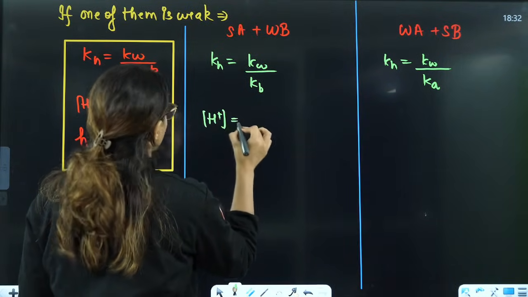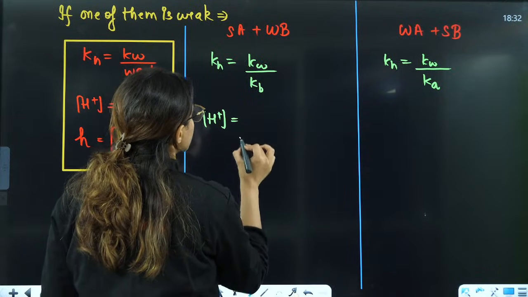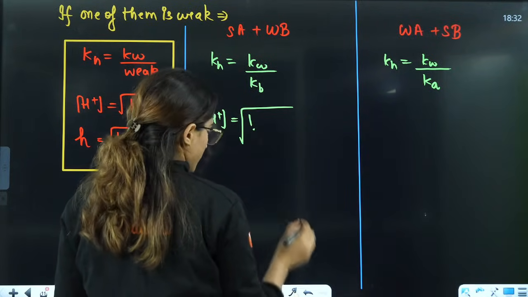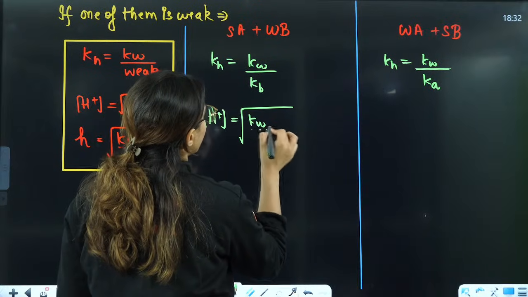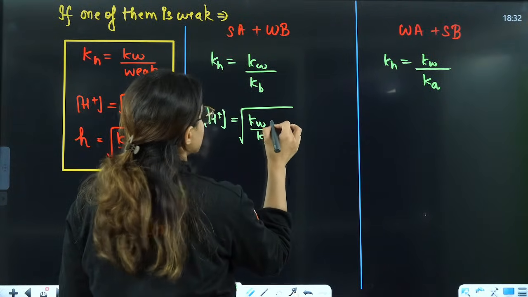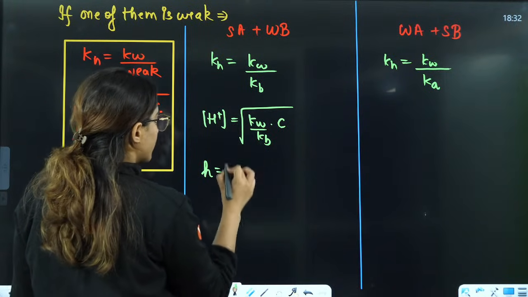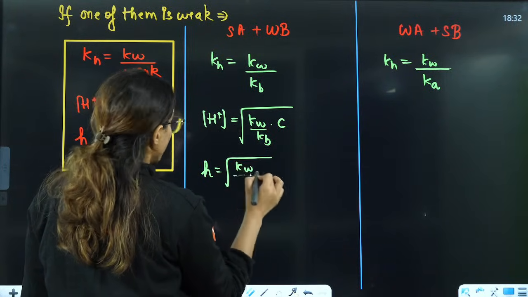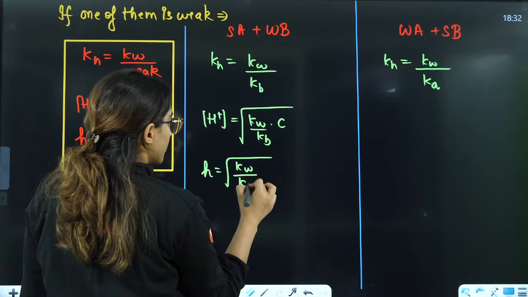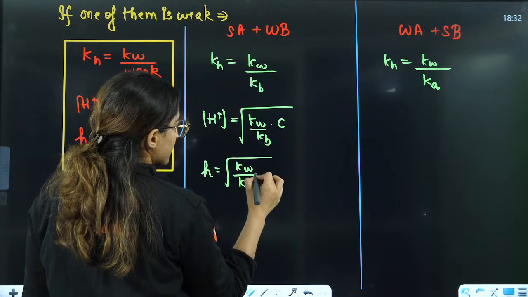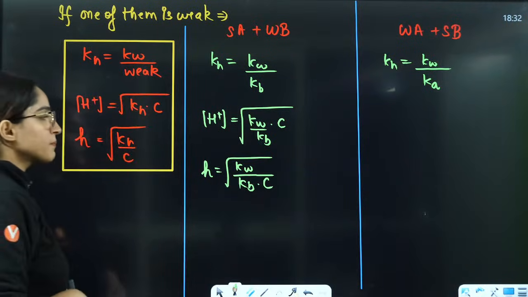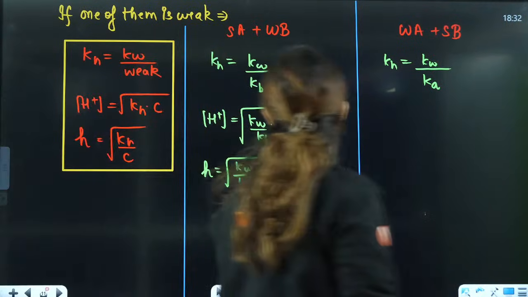H positive is going to be under root of Kh. Kh is what? It is Kw by Kb multiplied by C. And what is h? h is equal to under root of Kw by Kb divided by C. Okay, that is the value of h.